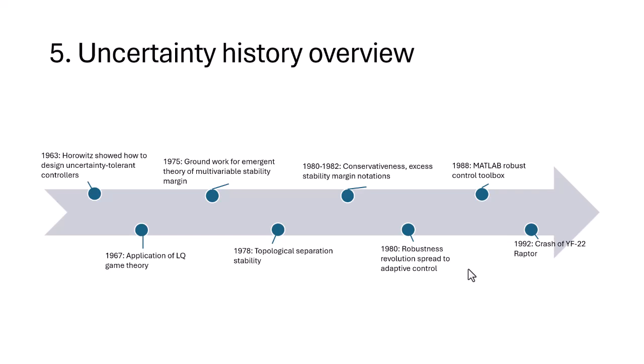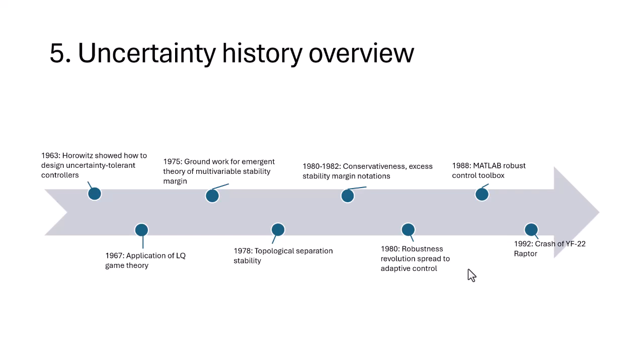That means that it was proved that adaptive control algorithms had small robustness, and robustness has since been applied to adaptive control. And then in 1988, there was a big innovation in MATLAB. MATLAB introduced the robust control toolbox, which allowed robust control design to be widely accessible to students and engineers.